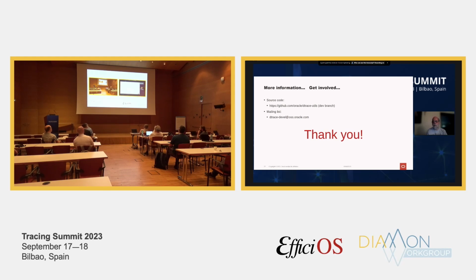DTrace already had its own compiler to compile these scripts into what at that time was DTrace intermediary format code that was loaded into the kernel, into our own kernel modules. So we essentially have reworked that compiler to simply use BPF as its target.